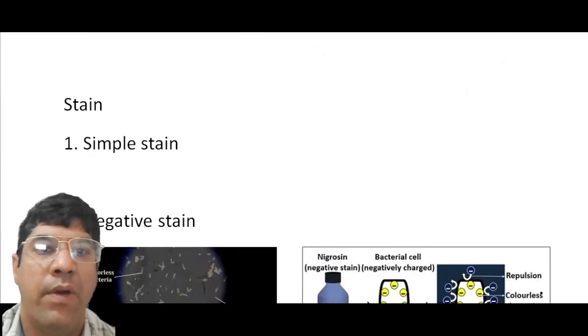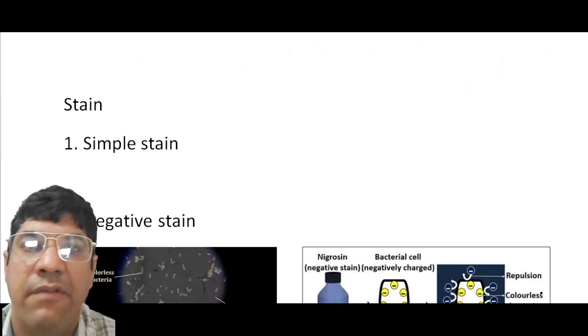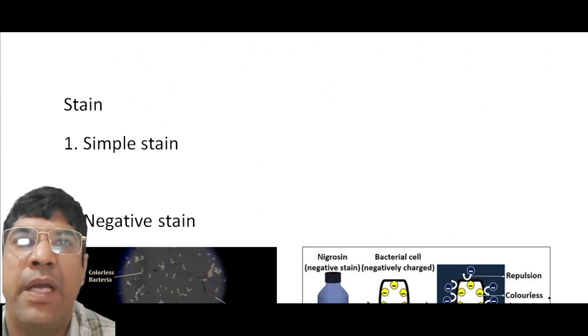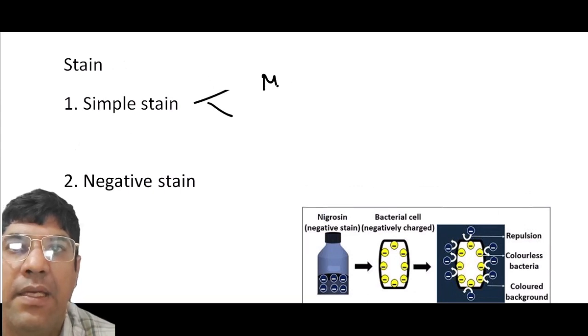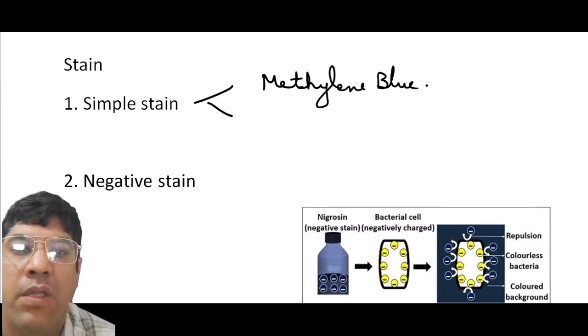So now let us move to the stain. What are the stains that we use in the microscopy? We can use the simple staining that includes methylene blue or the basic fuchsin.